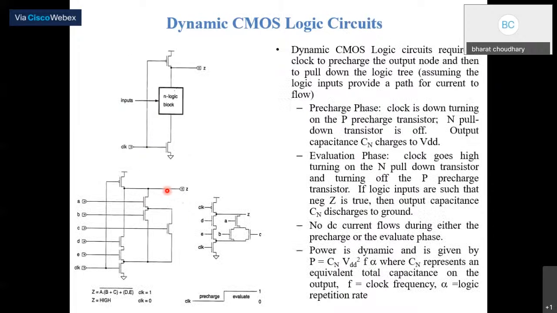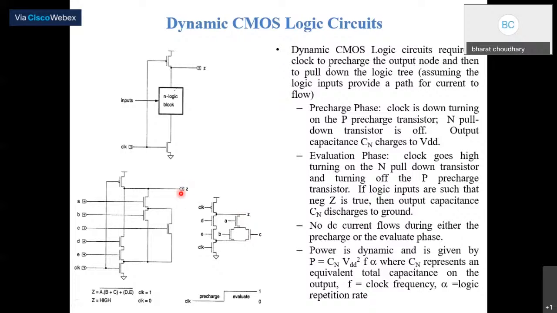Now by using such a logic gate, we can implement different logical expressions with the clock. This one is A into B plus C plus D into E. There are two transistors, PMOS and NMOS, used in the pull up and pull down networks. In the pre-charge stage, V out will charge up to the power supply.